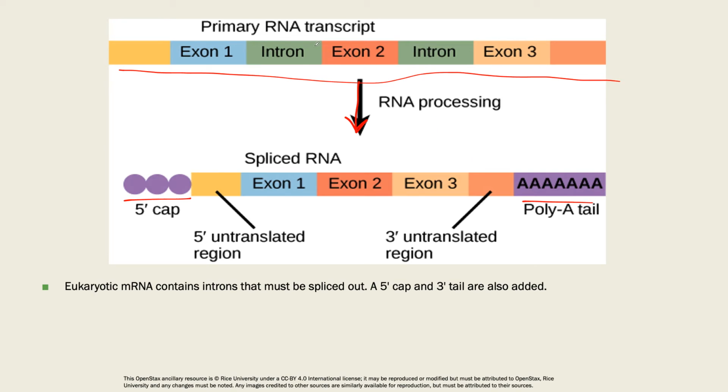What you see is the intron sequences are actually spliced out and removed, and then the exons are put together. Now we have what we would call a mature mRNA sequence or mRNA transcript that is ready to leave the nucleus and be translated. And we will talk about translation in the next video.